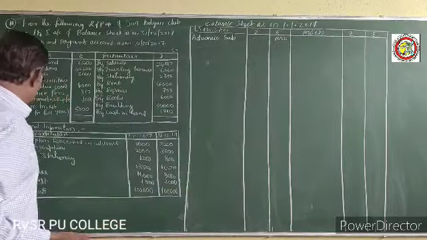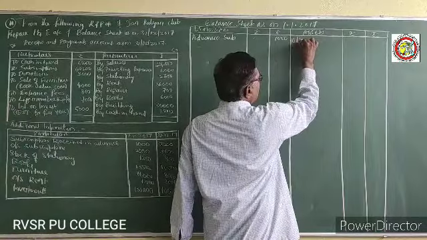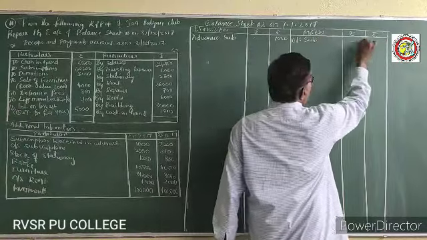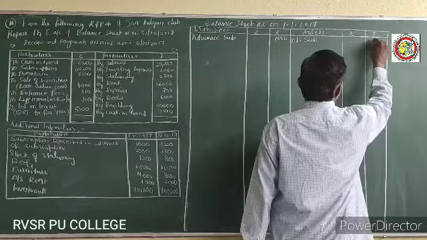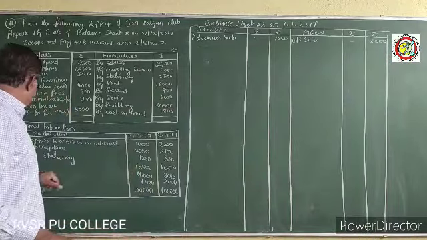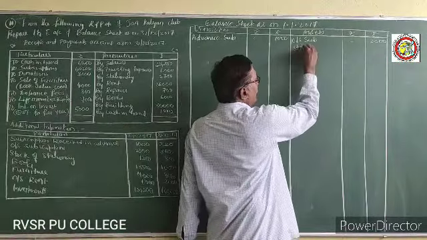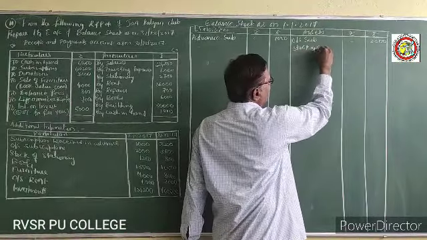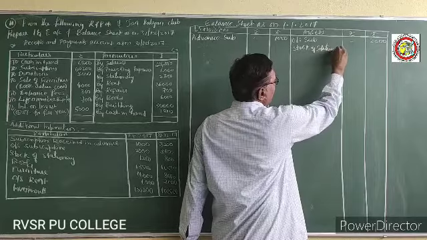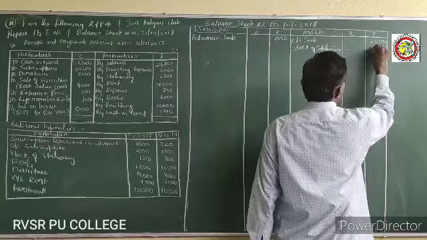Next is the outstanding subscription, that is 2,000. And stock of stationery, that is 1,200.